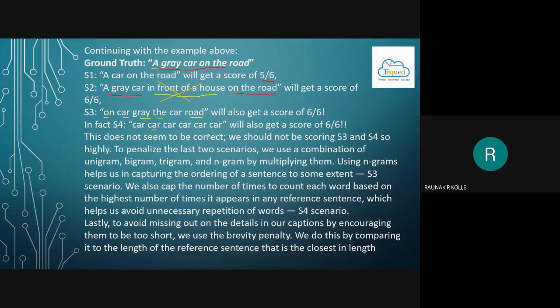So in the sentence 4 scenario, we also cap the number of times to count each word based on the highest number of times it appears in any reference sentence. It helps us avoid unnecessary repetition of the words.